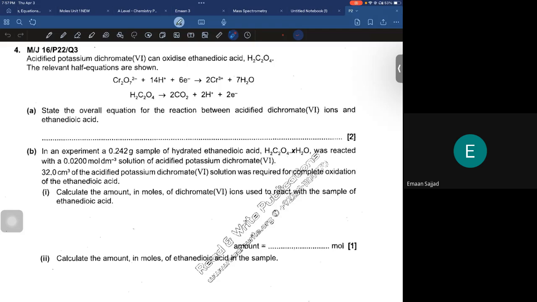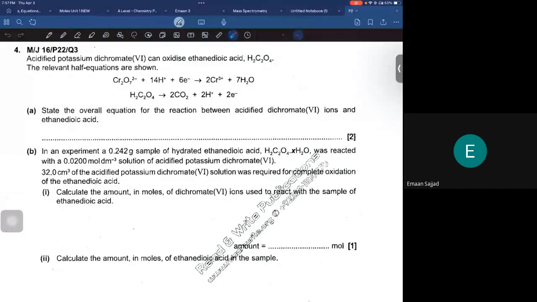In this, they are going to ask for the overall equation. Overall equation means that you have to add them together. I told you when we were discussing redox that when you add these two equations together, electrons must be cancelled.